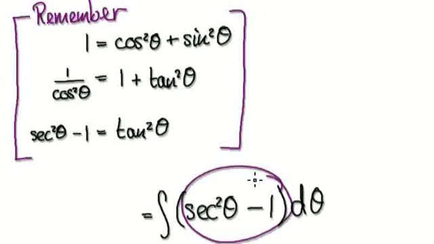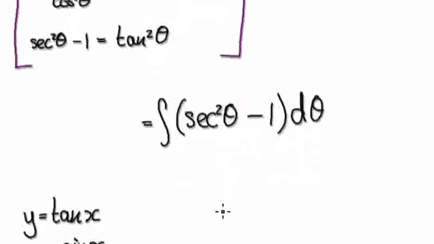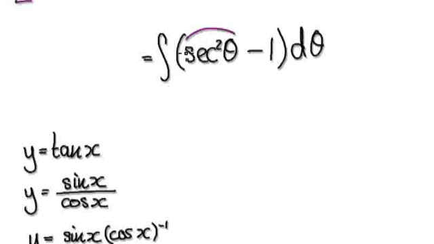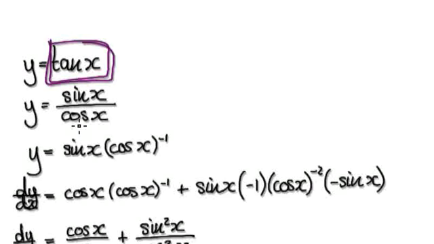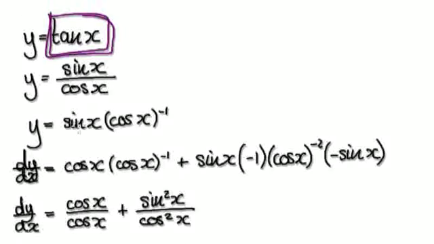And again, we've done this before. To integrate secant squared, just remember that if you differentiate tan of x or tan theta, you would get secant squared. We've done this in the past.